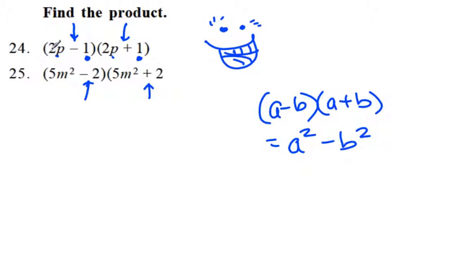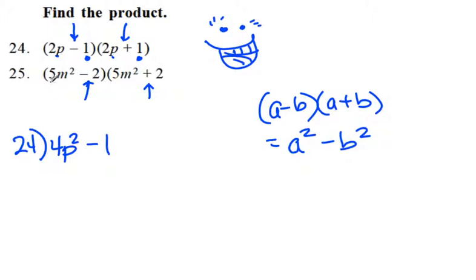All right, so 2p times 2p for number 24 is 4p squared, because we have 2p times 2p, and then we have a negative 1 times a positive 1. So this is going to give us minus 1. Okay, looking at number 25, we have 5m squared minus 2 and 5m squared plus 2.